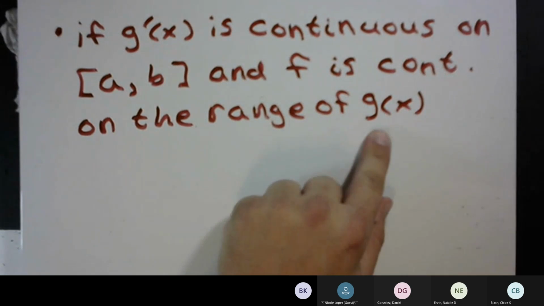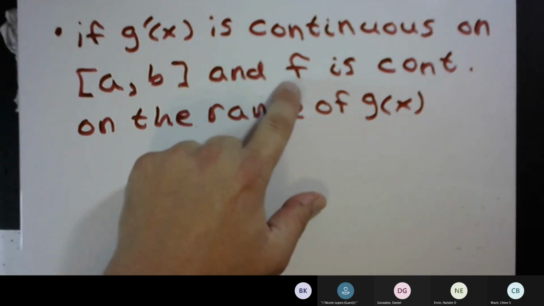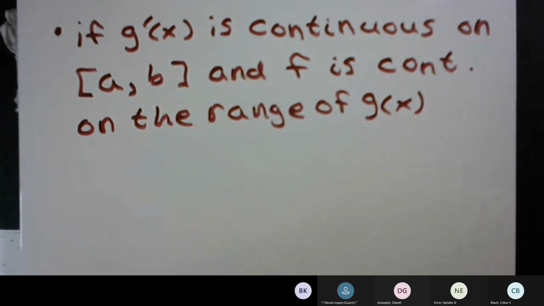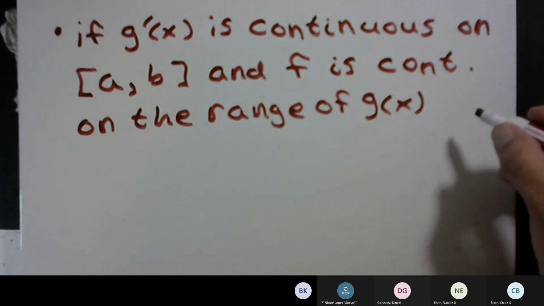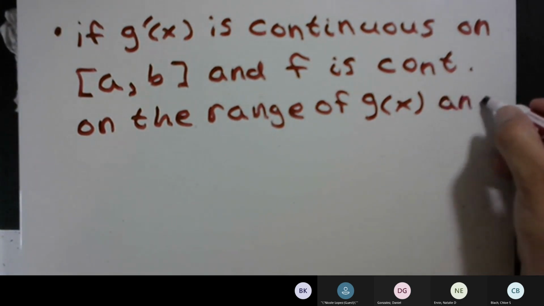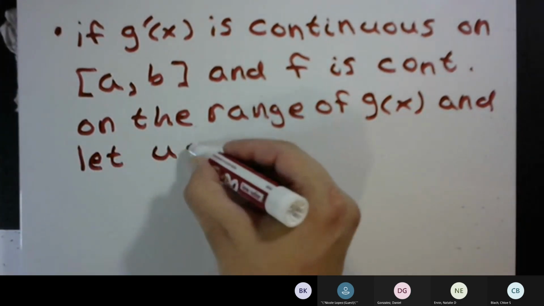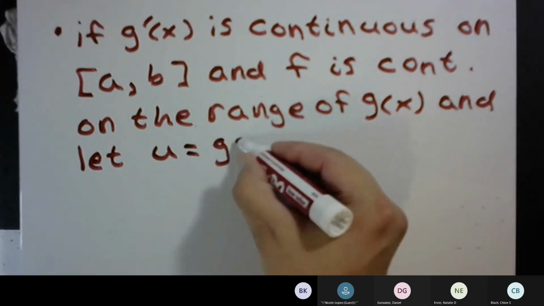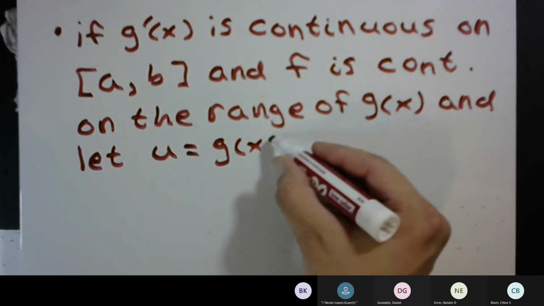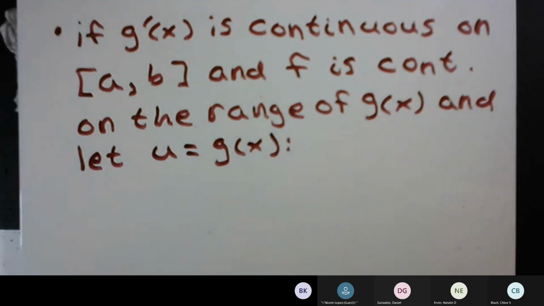Because remember, g of x is going inside of f. So f is going to take the outputs of g of x, or the range. And let u equal g of x.